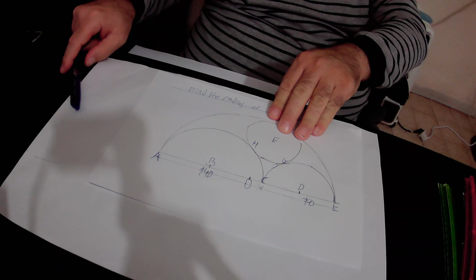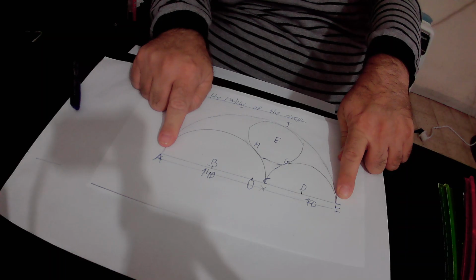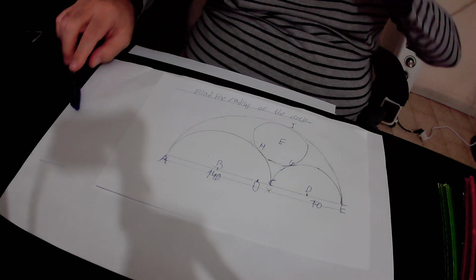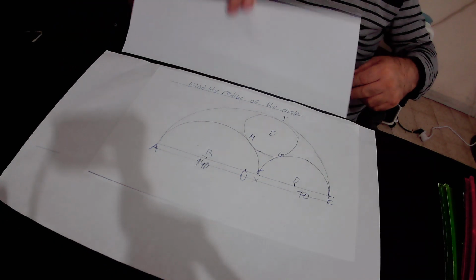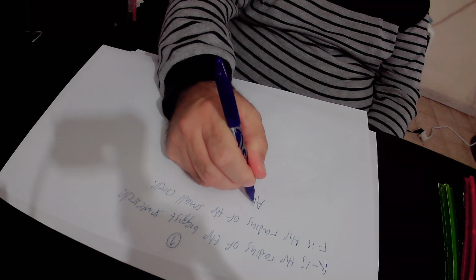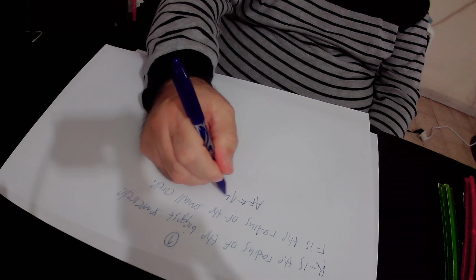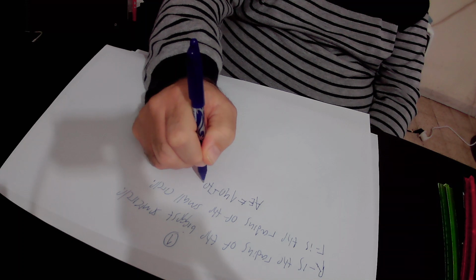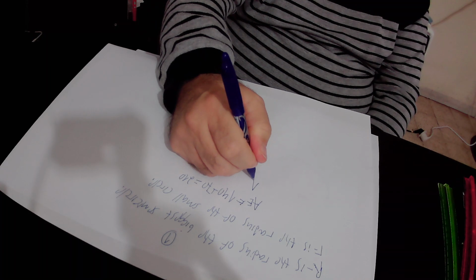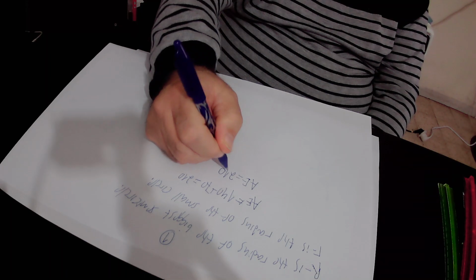It has been given in the question that line segment AE equals 140 plus 70 units. So I write it down. Line segment AE equals 140 plus 70 units. 140 plus 70 is 210 units, so line segment AE equals 210 units in its length.